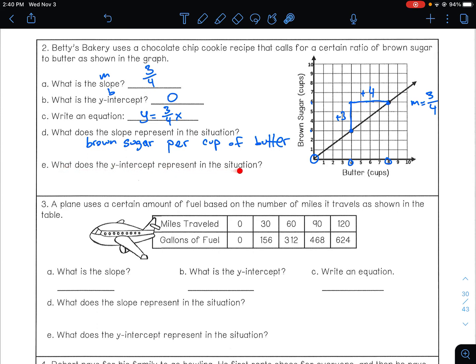What does the y-intercept represent in this situation? Well, it's the starting point, so it's 0 sugar for 0 butter. Yeah, you don't use any sugar if you don't use butter.